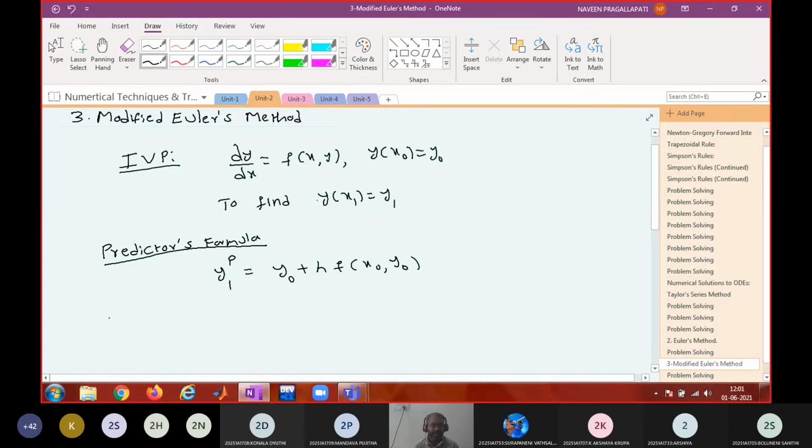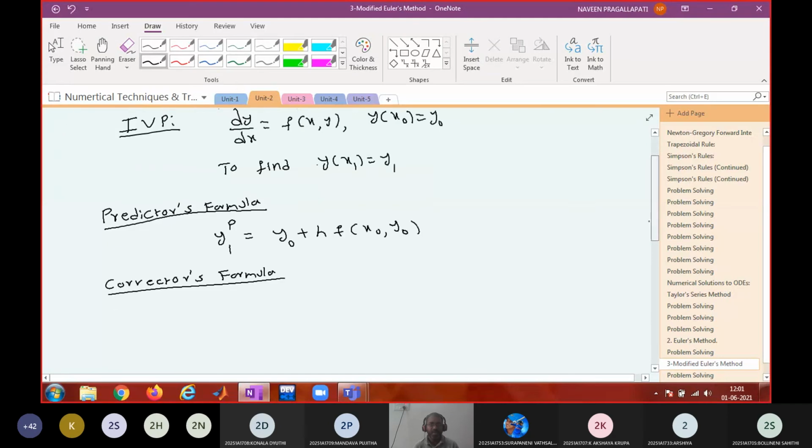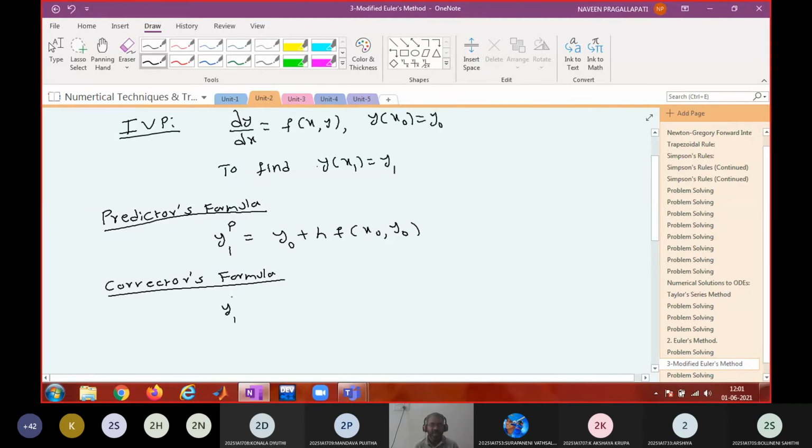After that, there is another formula called the corrector formula: y1 corrector is y0 plus h by 2 into the average of two functional values, f of x0, y0 plus f of x1, y1 predictor, the value you got in the previous step.